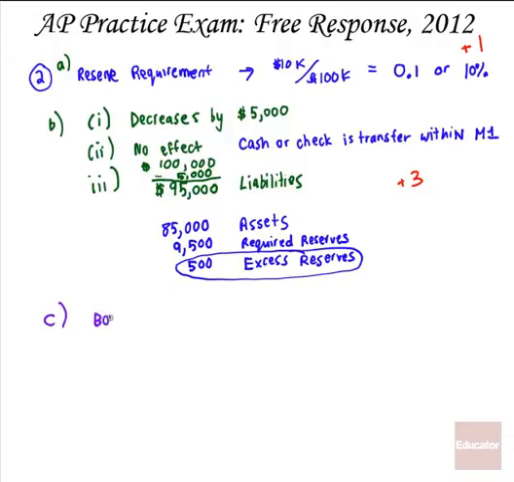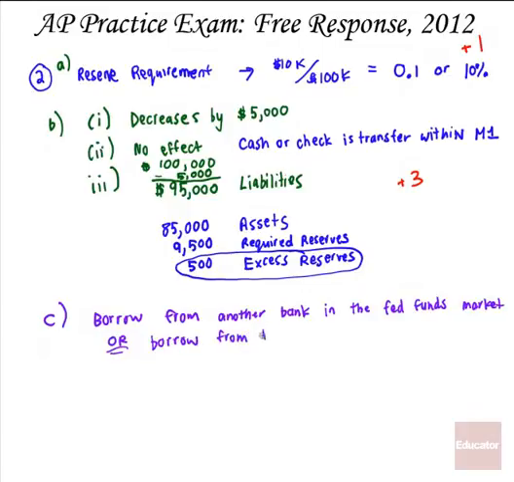You either borrow from another bank in the federal funds market, or the Fed funds market, or borrow from the Fed at the discount rate.